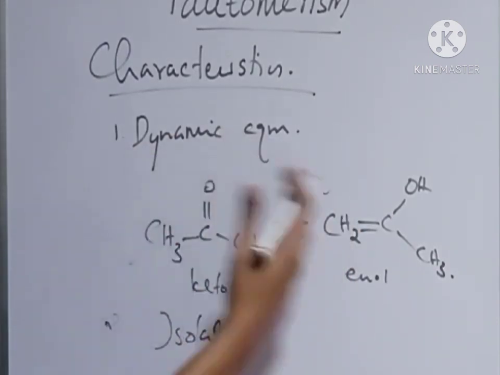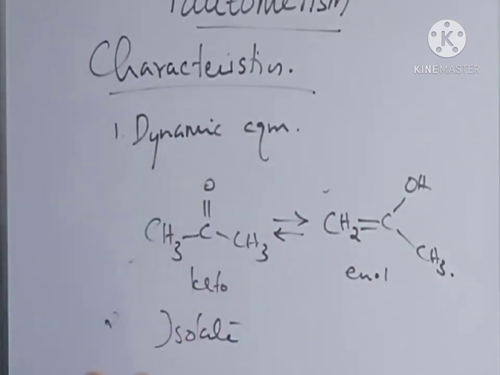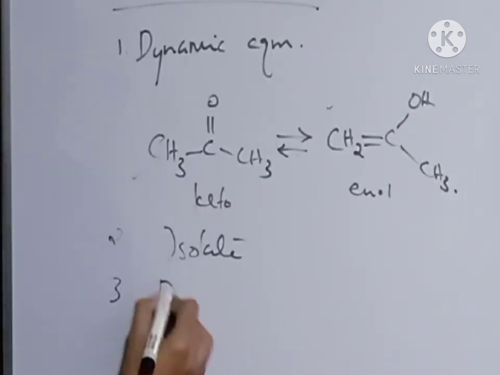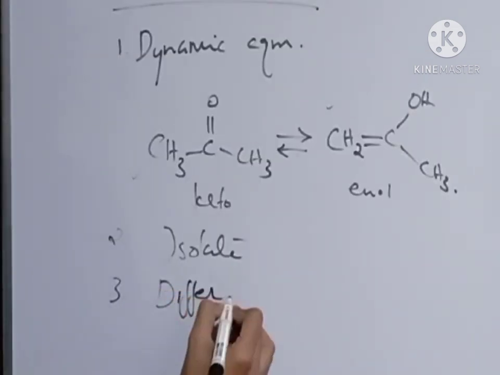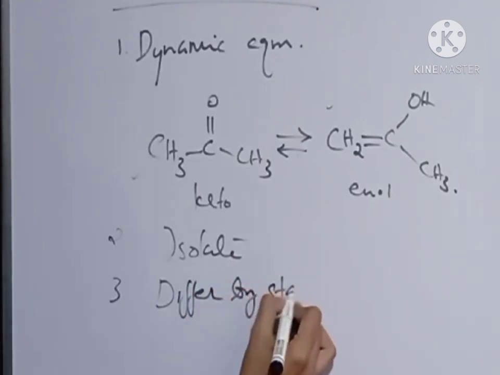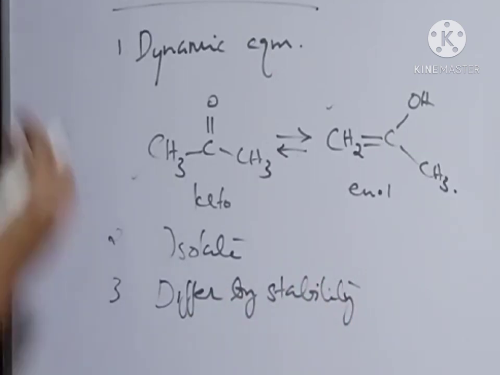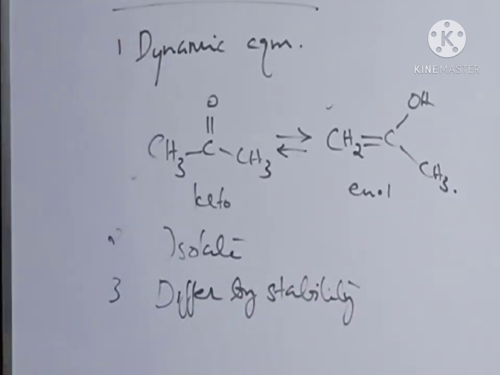And these tautomers differ by their stability. In some cases, one of the tautomers will be more stable, and in some cases the other one will be stable. That depends upon the compound we are considering.